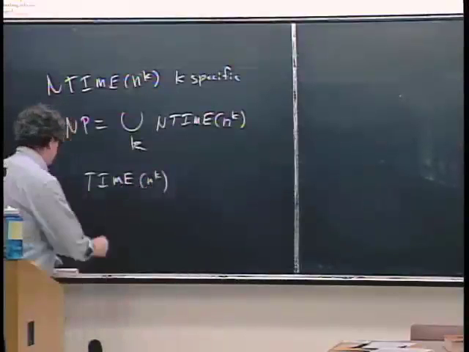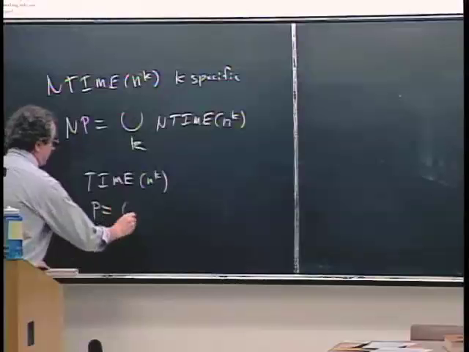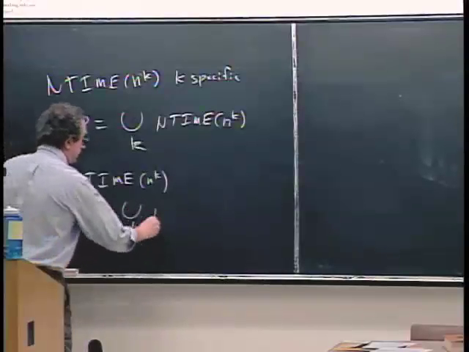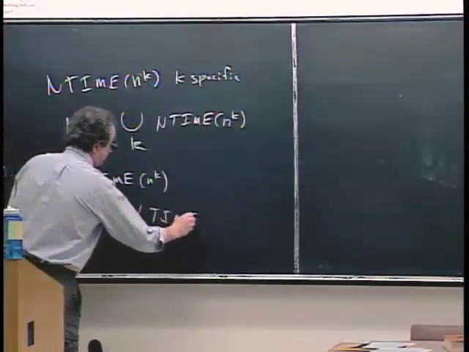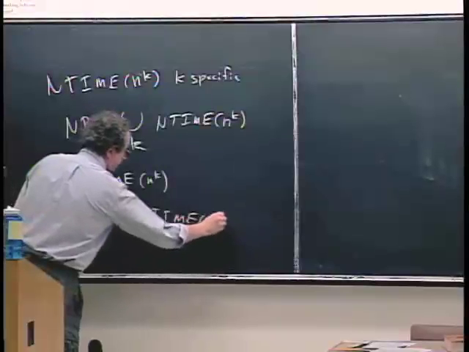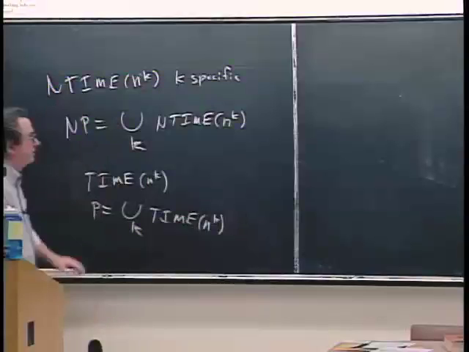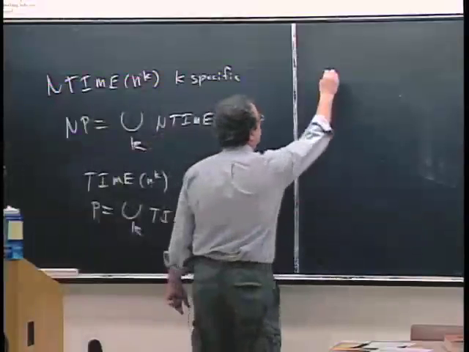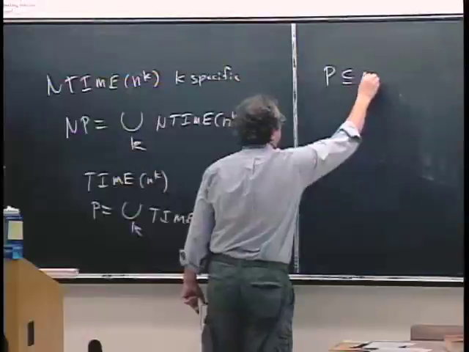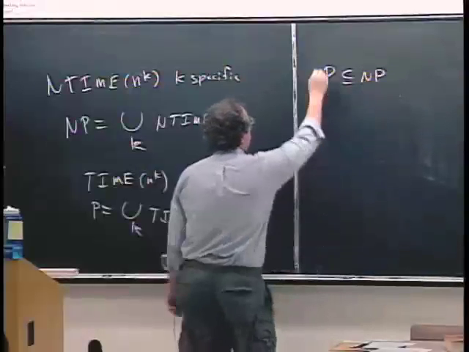Okay? And then we similarly had P is equal to the union over k of time n to the k. Okay? So again, this is just repeating what we did last time. And then P is contained in NP, this is actually a theorem.